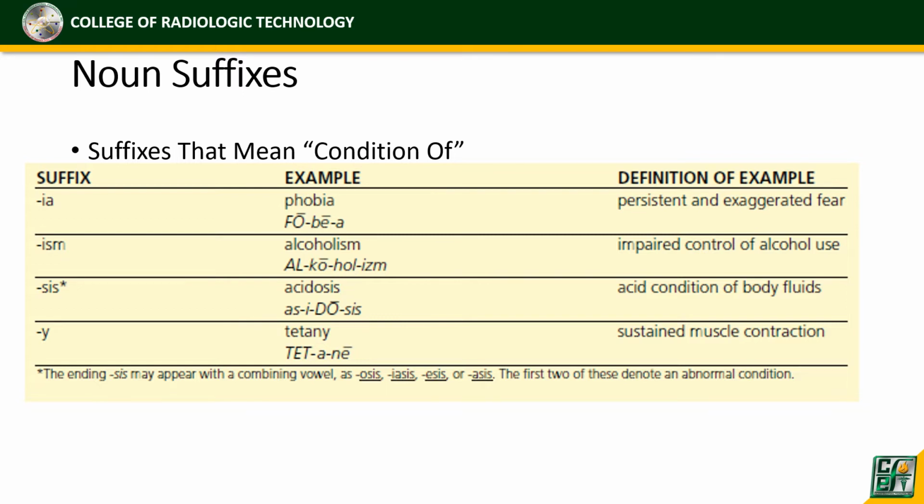So now we proceed to the example given, which is acidosis, which means acidic condition of the body. Next is the suffix y, and the example is tetany, which means sustained muscle contraction or sustained muscle spasm.